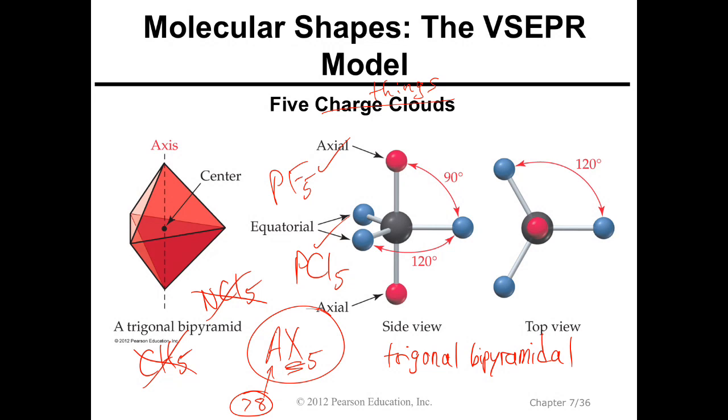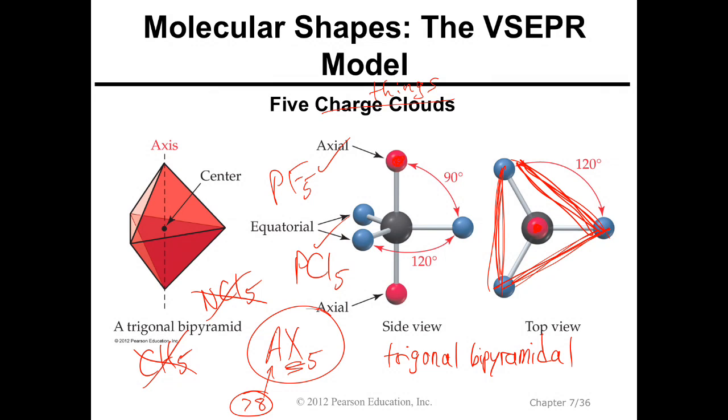One way to describe this structure: remember the trigonal planar was about 120 degrees, so think of this on the plane of this paper. You've got that trigonal planar unit, so this triangle is on the plane of this paper, and now you've got one atom that's coming out at you, and one that you can't see that's gone behind the paper.